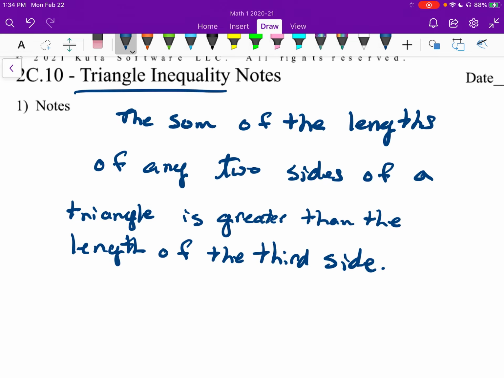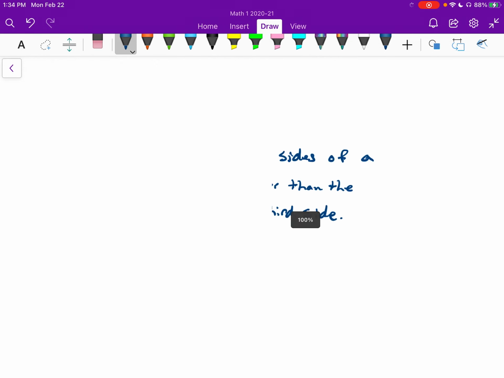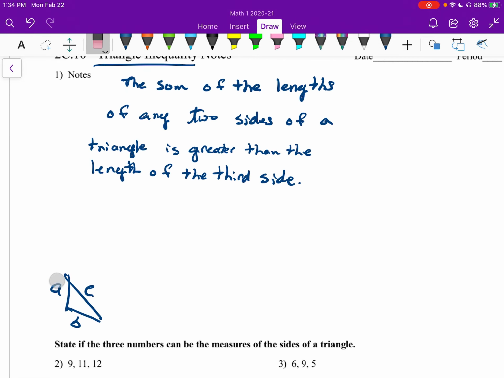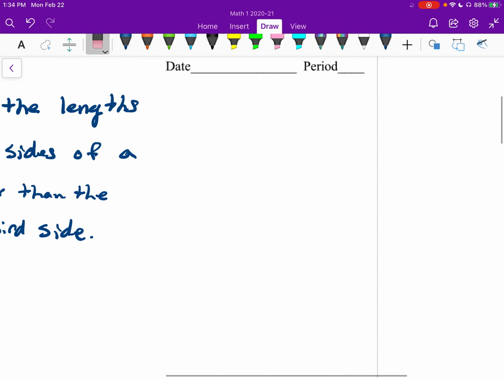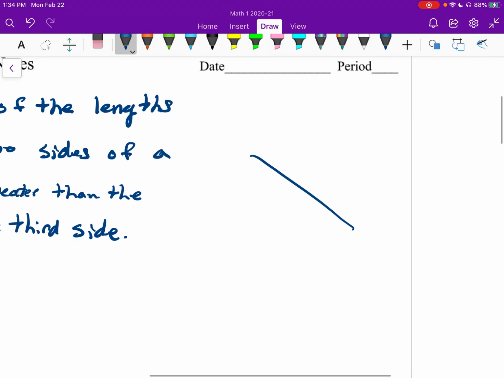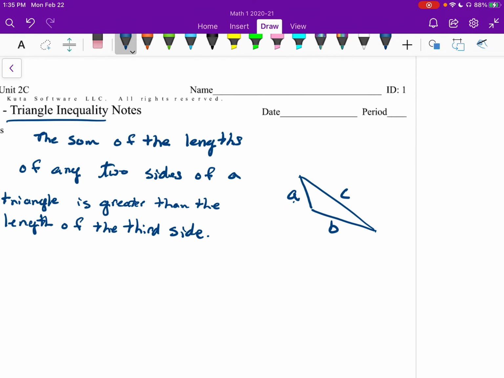Now what that's saying is, let me redraw this up here. If we have some triangle, let me draw it kind of like this. A, B, C. I normally like to draw C as my longest side.